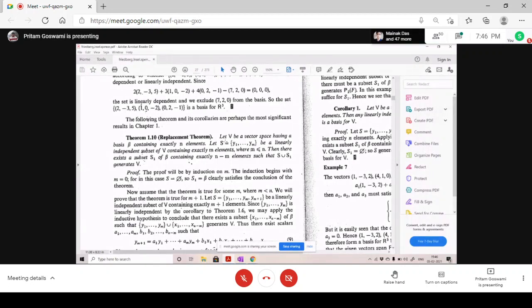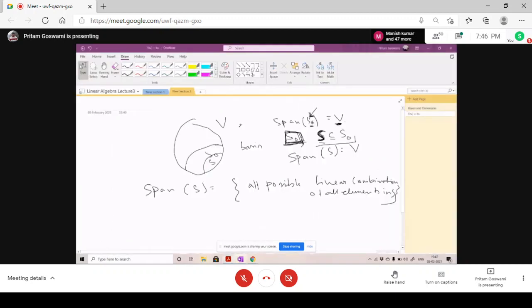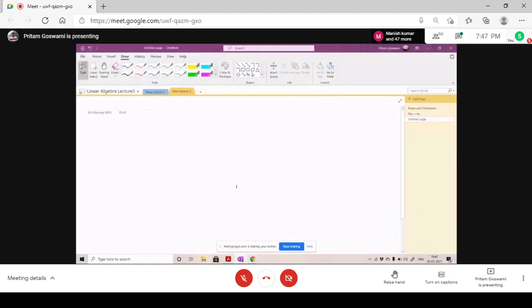V is a vector space, and beta is a basis of V. Beta contains exactly n elements.